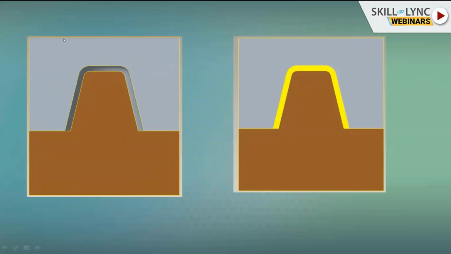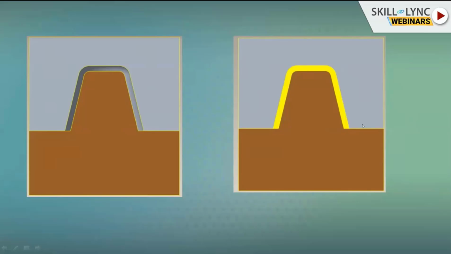Here you can see that this is the core, and this is the cavity. This is the area where our plastic material is inserted through the nozzle. This picture shows that the plastic material is already injected. So what does shrinkage mean? Consider this diameter is 10 mm and the length is 10 mm.